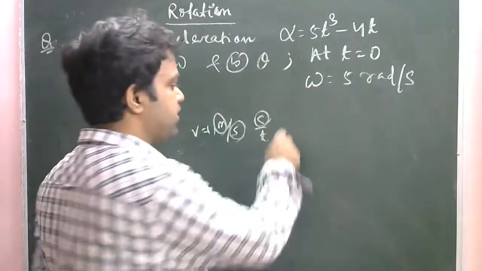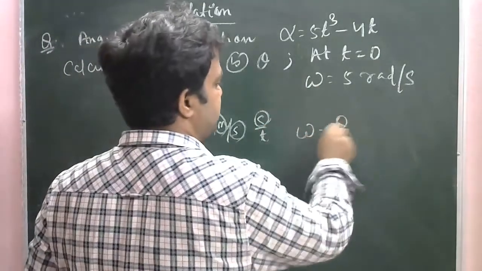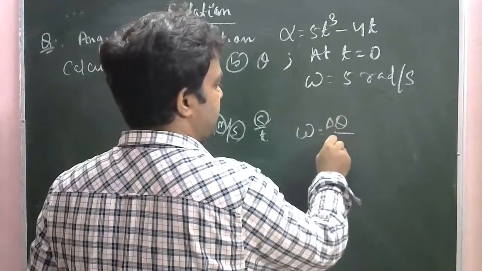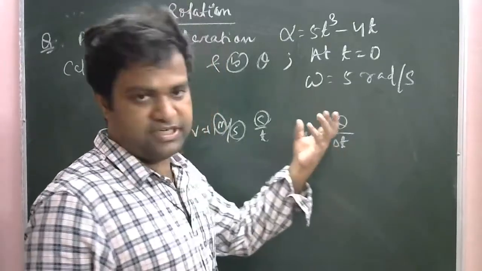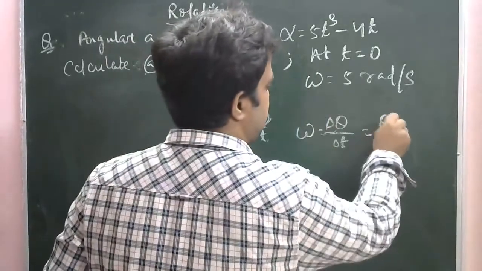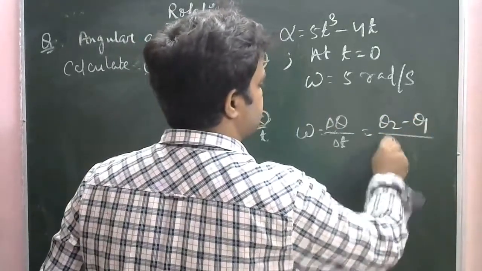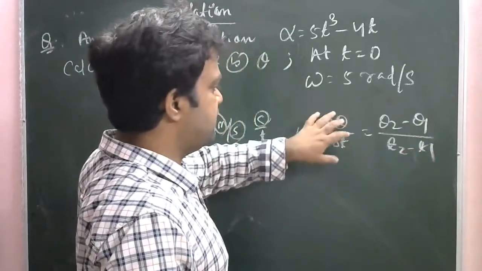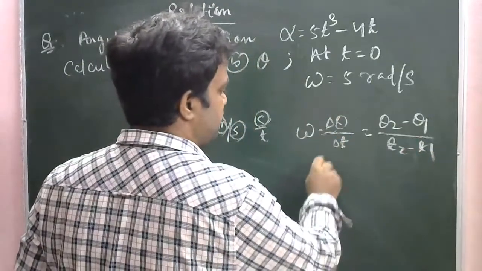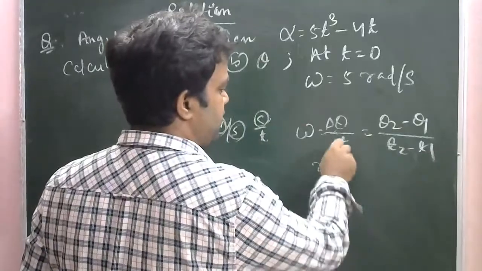But here omega, as I have written, is theta by t or delta theta by delta t, or d theta by dt. Delta means just change, that means theta 2 minus theta 1 by t2 minus t1. Theta is measured in radian, and time is second.